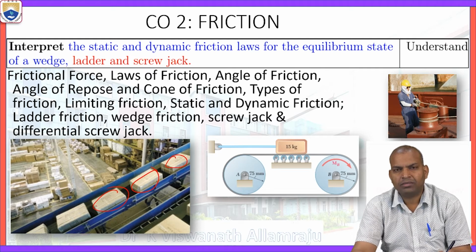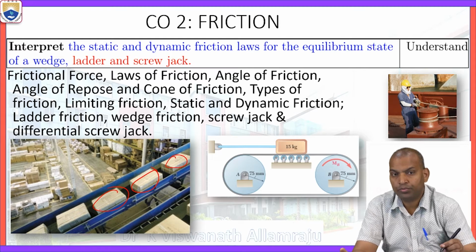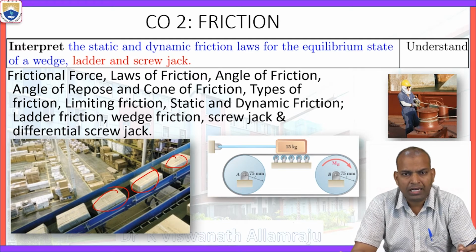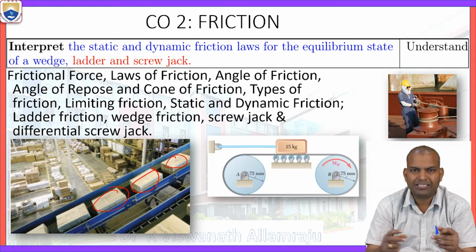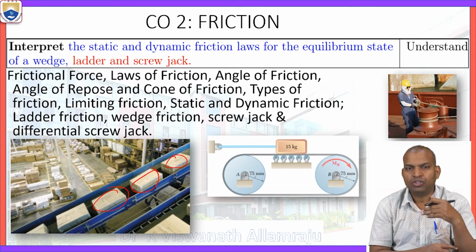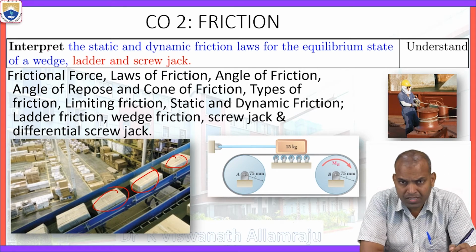Similarly, power or torque transmission takes place in rope drives due to friction, and also in chain drives. While cycling a bicycle, sometimes the chain slips on the sprockets, which means the friction is very low.